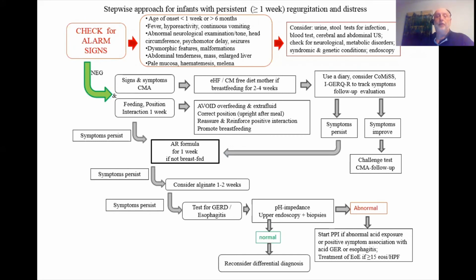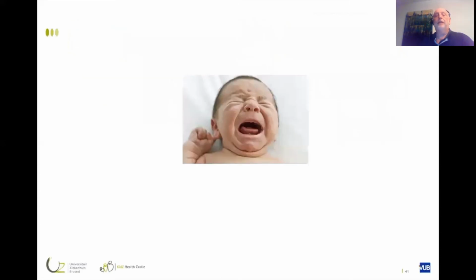And anyway, try to manage feeding position and interaction during at least 1 week. Avoid overfeeding. And if there are symptoms and signs of cow's milk allergy, treat the child with an extensive hydrolysate and see if there is improvement or not. And with this algorithm, you will manage both functional gastrointestinal disorder and cow's milk allergy presenting as frequent reflux.